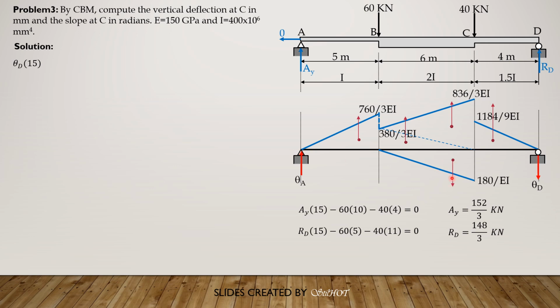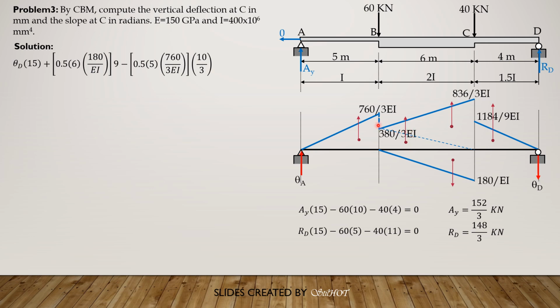Then plus this load, the moment of this load is 0.5 times 6 times 180 over EI. Then the moment arm is 2/3 of 6 is 4, plus 5, so 4 plus 5 is 9. So 0.5 of 6 times 180 over EI times 9. Then minus this loading, 0.5 of 5 times 760 over 3 EI. Moment arm is 2/3 of 5 or 10/3.